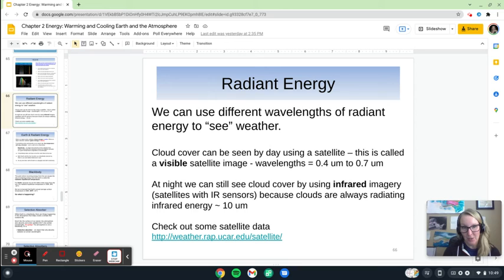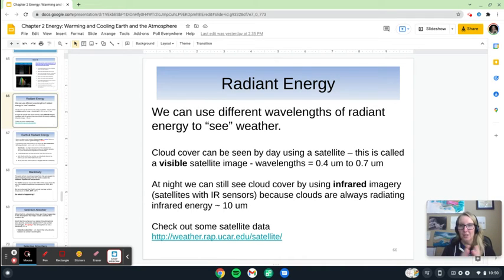The reason why this is really useful is that you can see a lot of different details and get a lot of information about temperature, which can tell you how thick and how high up in the atmosphere clouds are. But also, you can use infrared imagery at night because the Earth is always emitting longwave radiation.